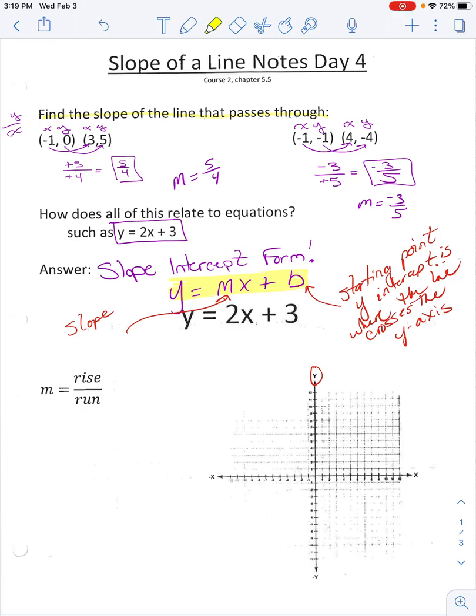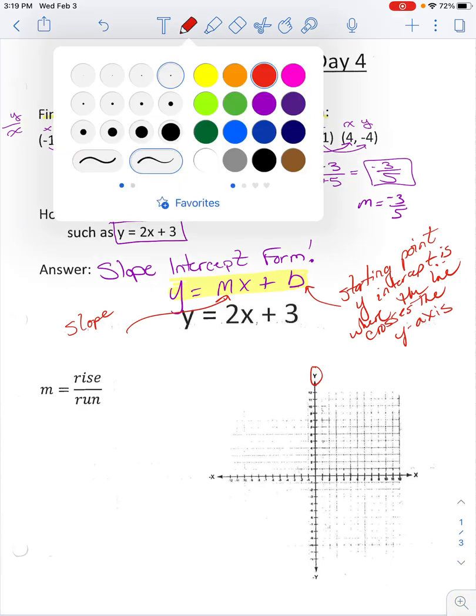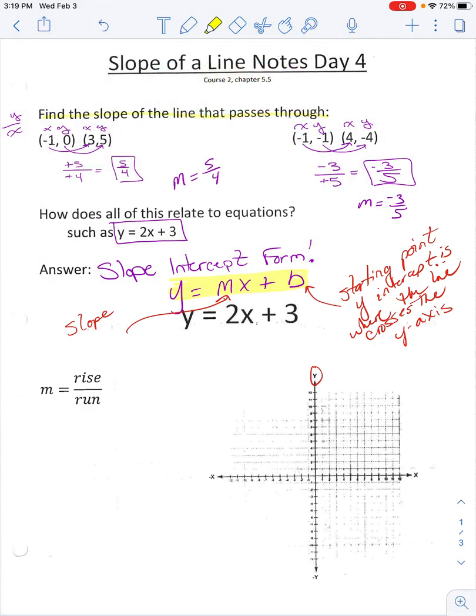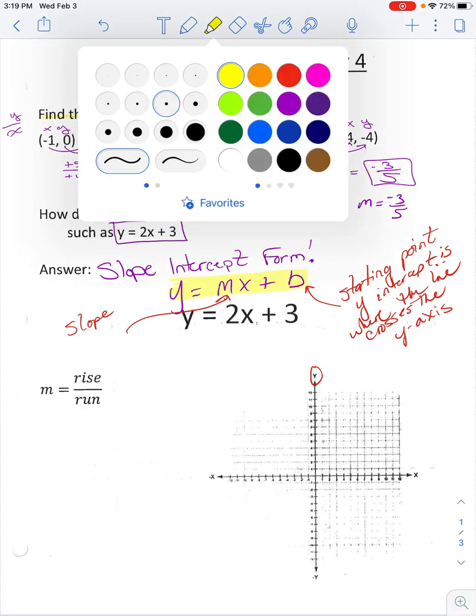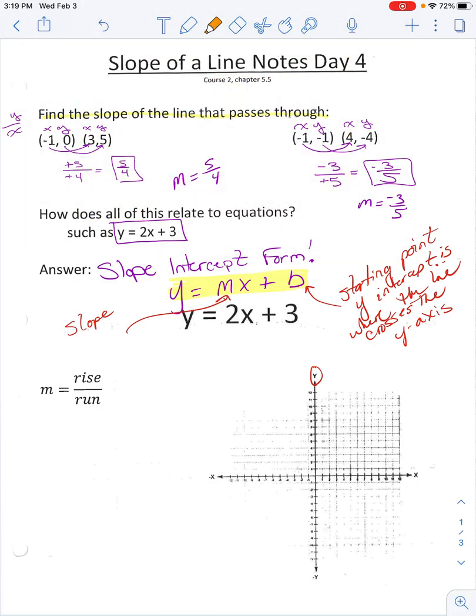Here's how this correlates to y equals 2x plus 3. 2 is your slope in this equation. So I'm going to write my slope is 2. Your b is 3.